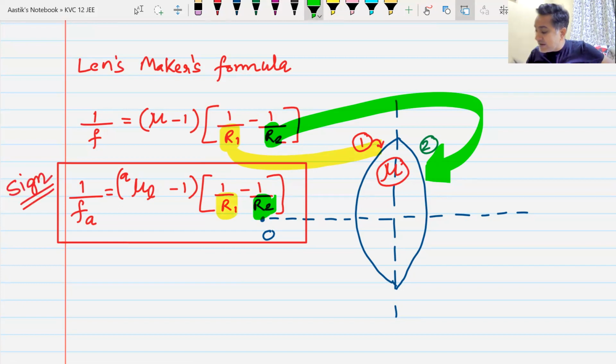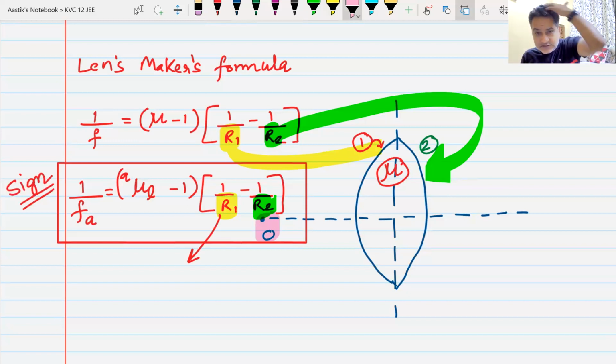Now, looking at the diagram that I have drawn, my object is on the left hand side. Apply the correct sign convention and tell me what is the sign of R1. Is it positive or negative? Remember, your object is here. Tell me the sign of R1.